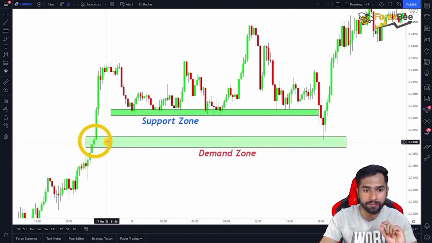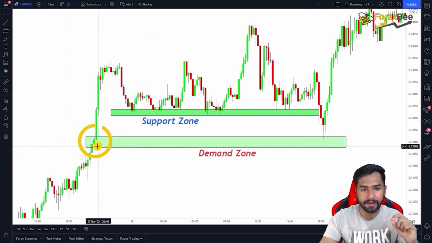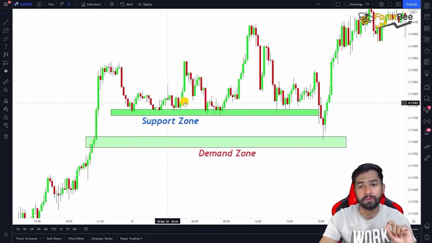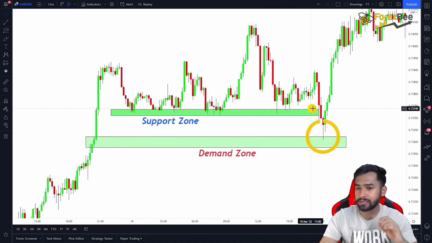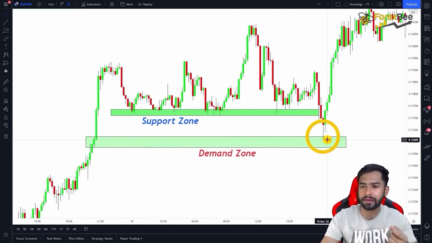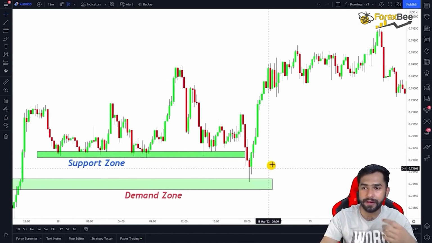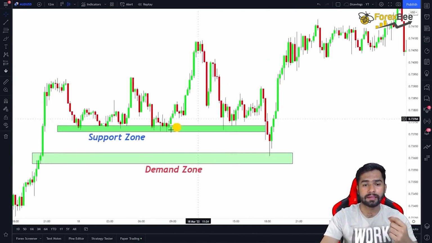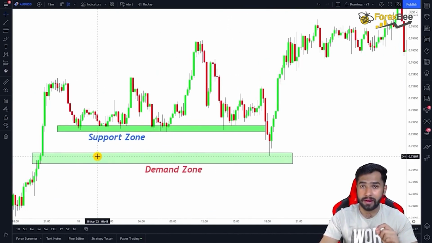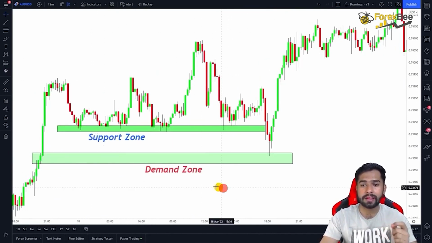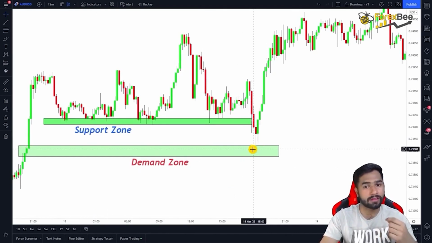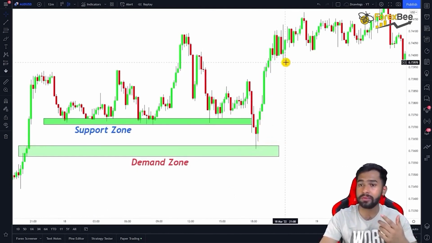After its formation, the market kept moving above that demand zone, but ultimately it came back in order to pick the pending orders, and after that it gave a very big impulsive bullish move. So the supply or demand zone is fresh until it's picked, until the market comes back, picks the orders and goes in the bullish direction.